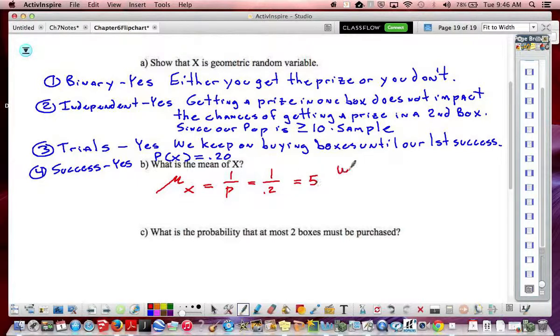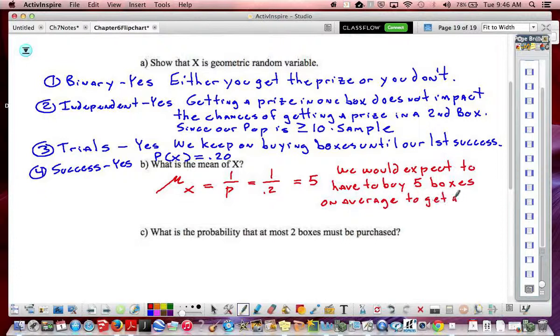So we would expect to have to buy 5 boxes on average to get a prize. So if you did it on the first box, hey, you did better than average. You even did it in 3 boxes. You did better than average.